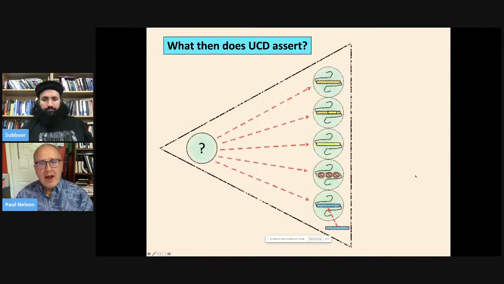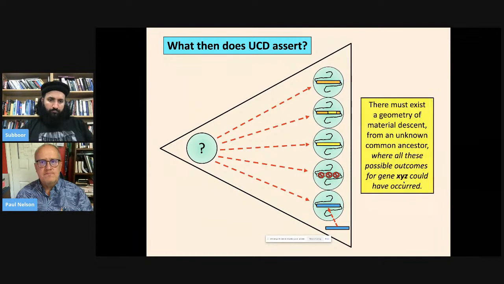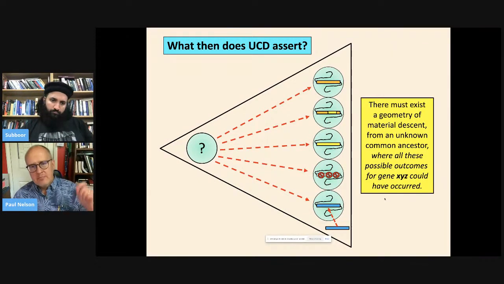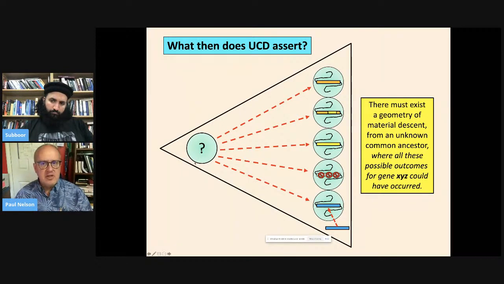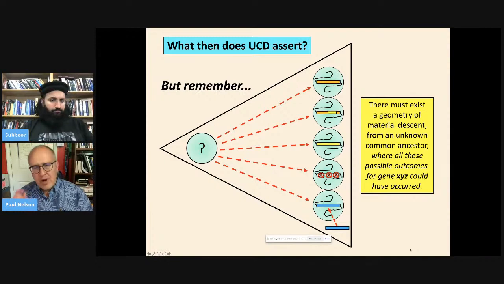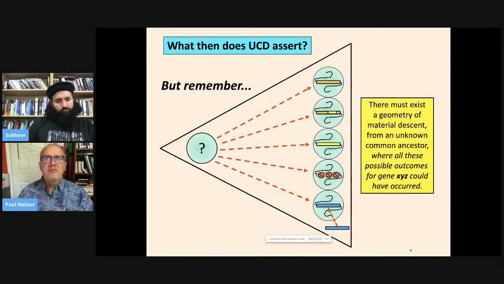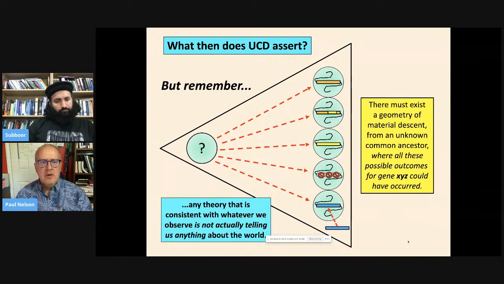Now that creates a problem for us, right? What then does universal common descent assert? Well, it says there must exist a geometry of material descent from an unknown common ancestor here, where all these possible outcomes here on the right could have occurred. Now, the problem is, for the empirical content of universal common descent, any theory that is consistent with whatever we observe is not actually telling us anything about the world.